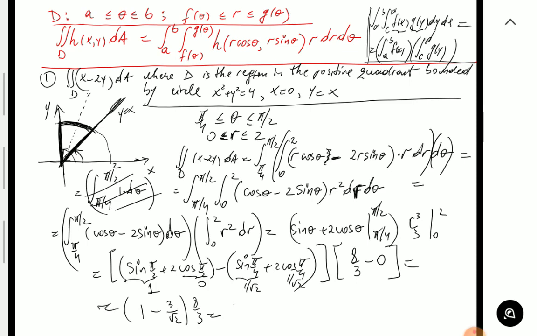If we distribute that, that's 8 over 3 minus 8 over root 2. Let me see. Yeah, we'll just leave it at that. I mean, I guess we can multiply by root 2 here and write this as 8 over 3 minus 4 square root of 2. Right, we can leave it like that, or we can use the calculator, whichever you prefer.